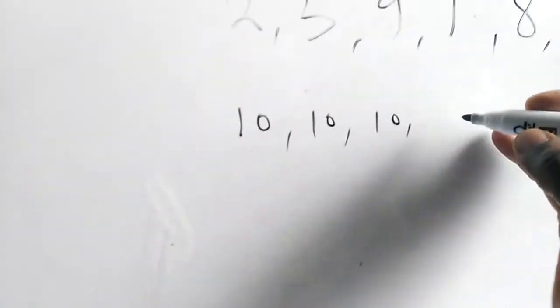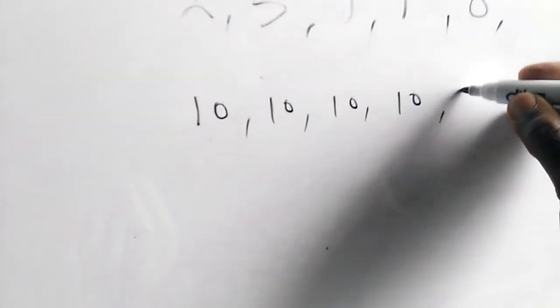Suppose the students now obtained out of 10, 10, 10, 10, 10, 10. There were 5 of them.